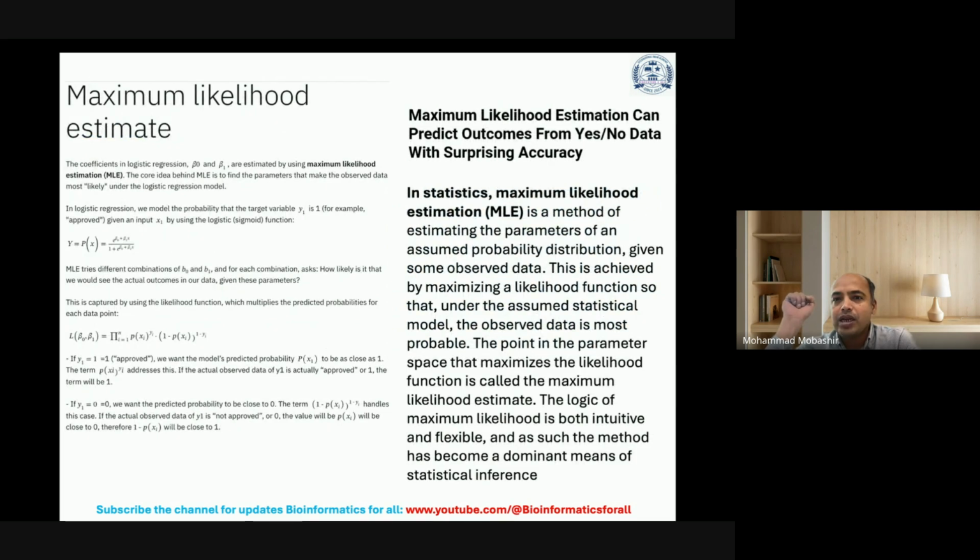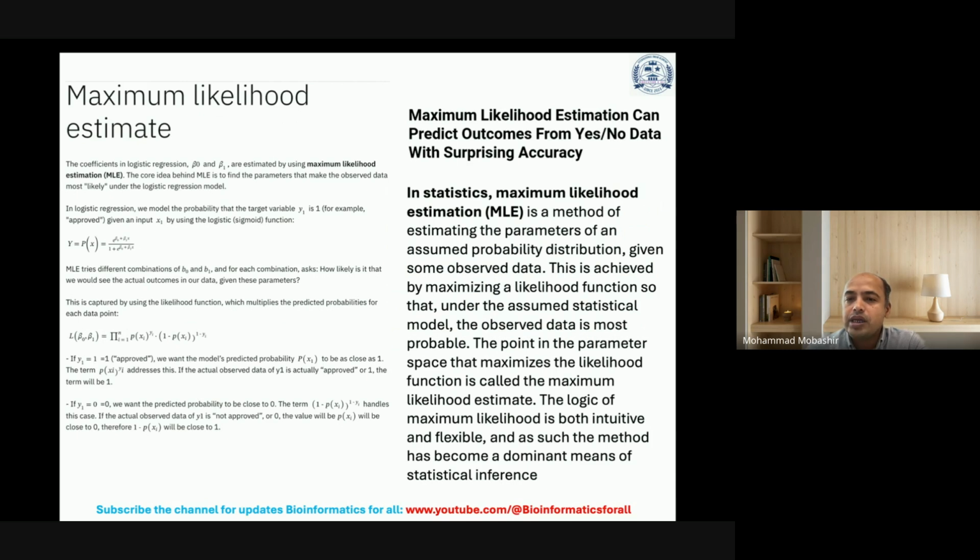Now, maximum likelihood, which was discussed a lot earlier, is a method of estimating parameters of an assumed probability distribution given some observed data. This is achieved by maximizing a likelihood function so that under the assumed statistical model, the observed data is most probable.